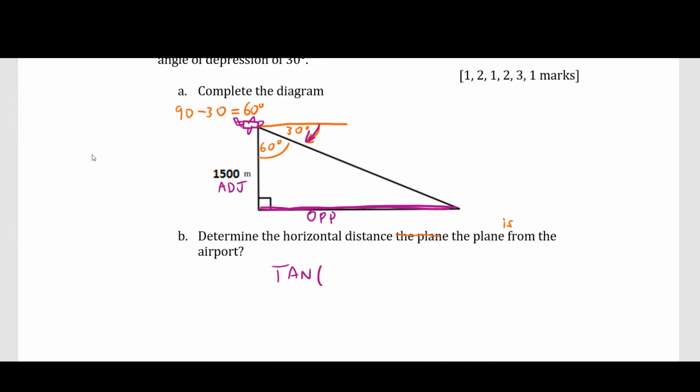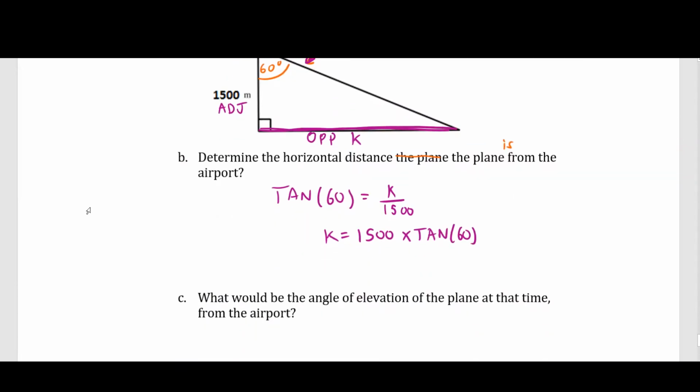So tan of 60 equals the opposite over the adjacent. I'm going to call my unknown K to make it easy. K over 1,500. So K equals 1,500 times tan 60, which is 2,598.08 meters.